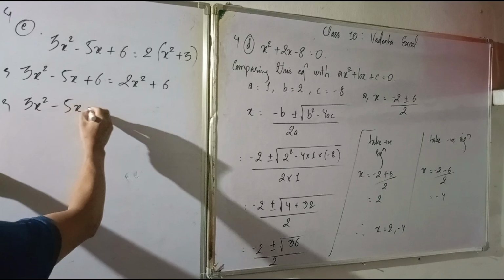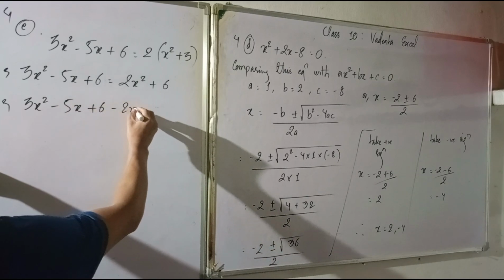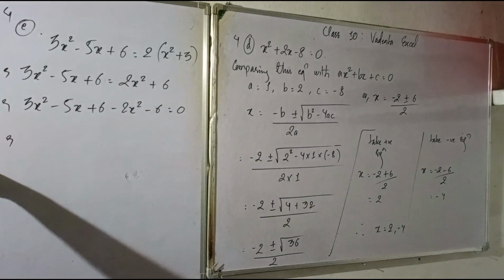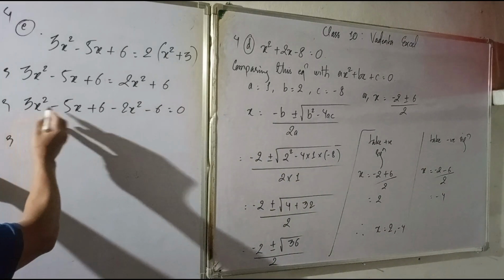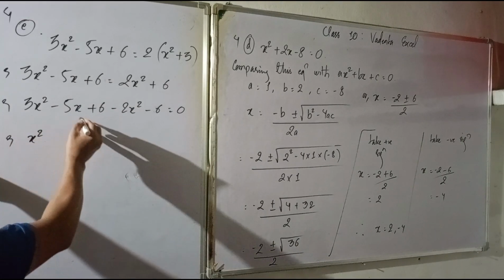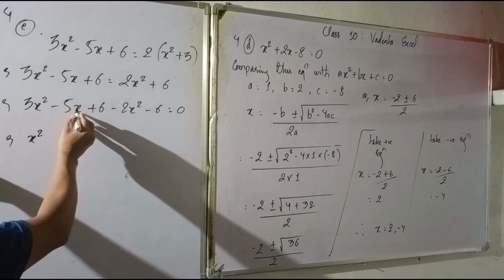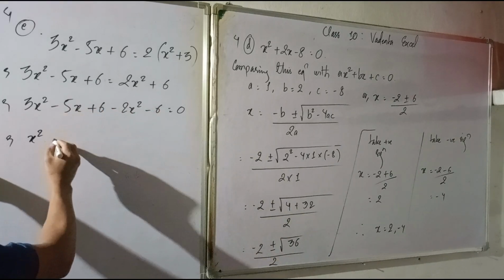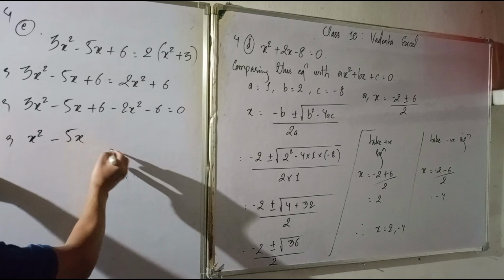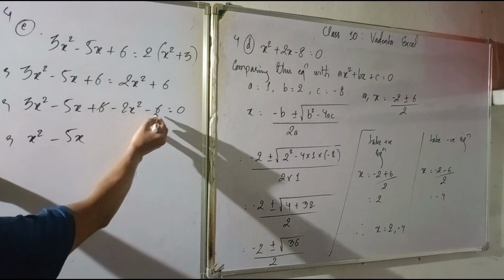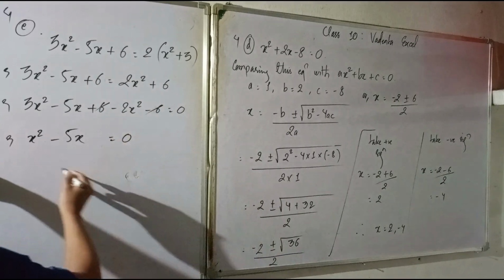Now 3x squared minus 5x plus 6 equals, now multiply that, 2x squared, 2 times 3 is 6. Now move all the terms to the left hand side. Plus 6 minus 2x squared minus 6 equals 0. 3x squared minus 2x squared becomes x squared.